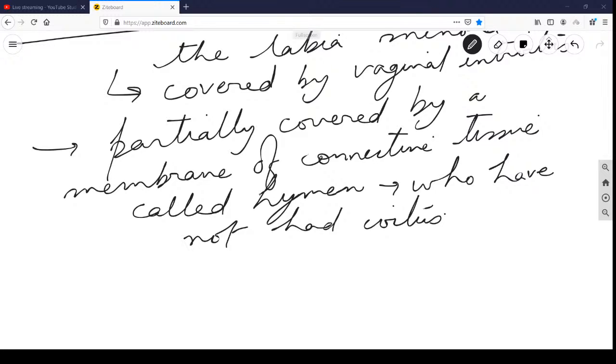In very rare cases, and this is a neat question, a wall of connective tissue completely blocks the introitus. This is a condition called imperforate hymen, meaning there is no perforation, no gap, no hole.